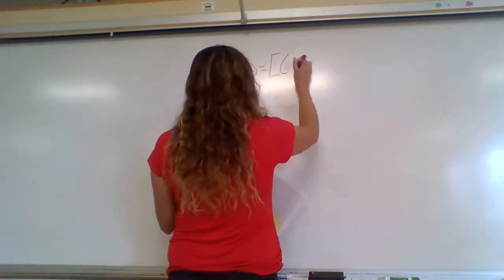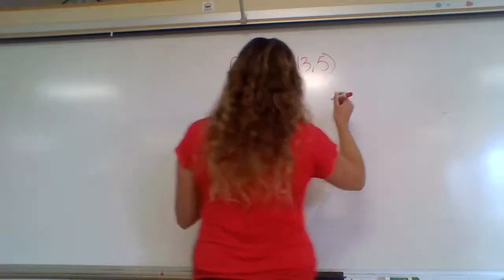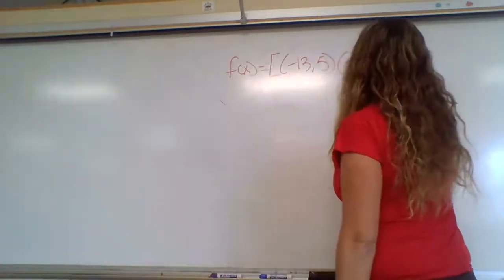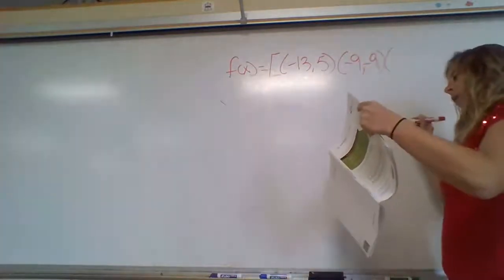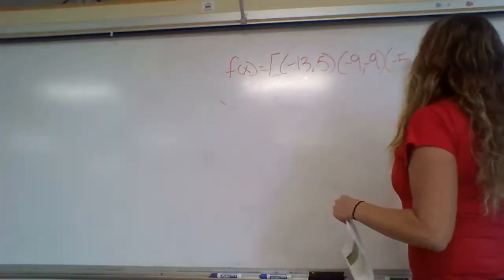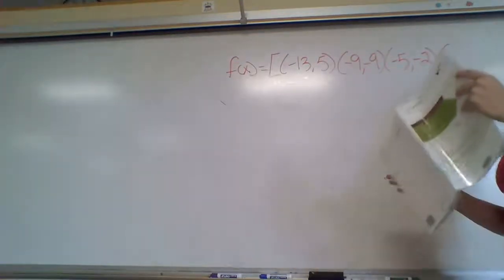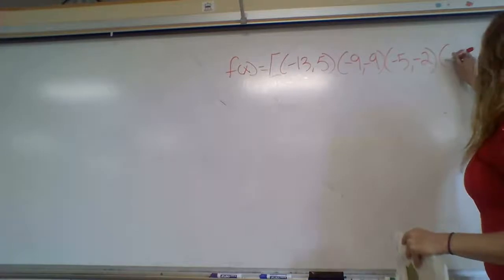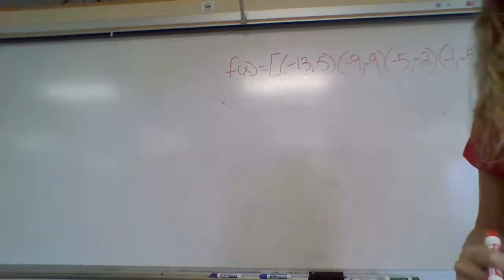So you have negative 13, 5, negative 9, negative 9, negative 5, negative 2, negative 1, negative 5. Oh, wow, we need to come this way a lot.